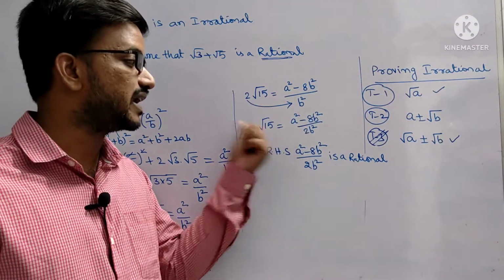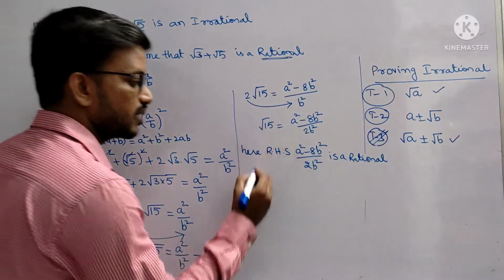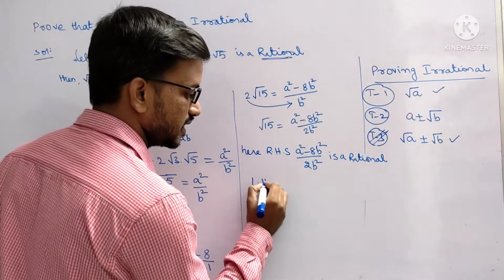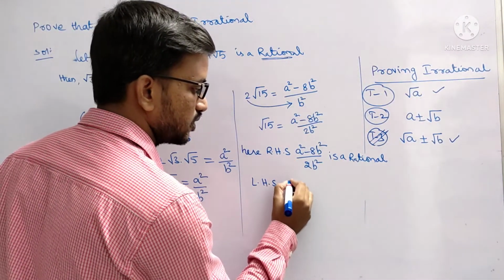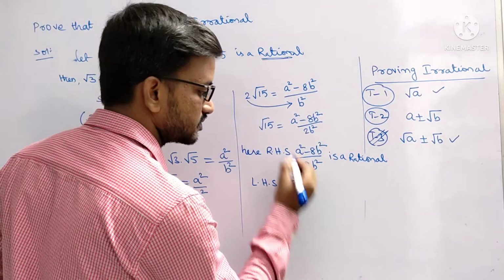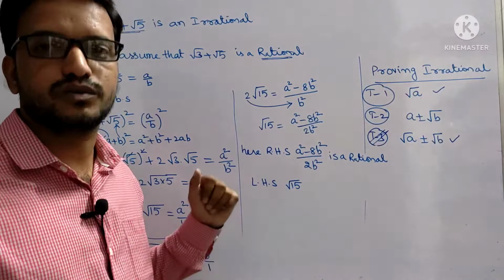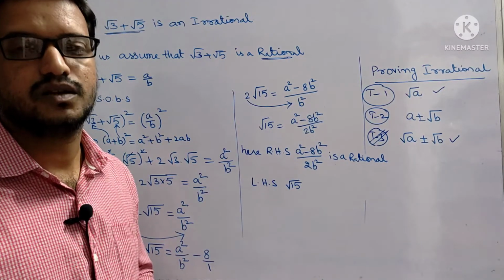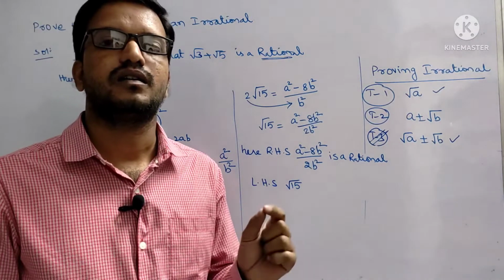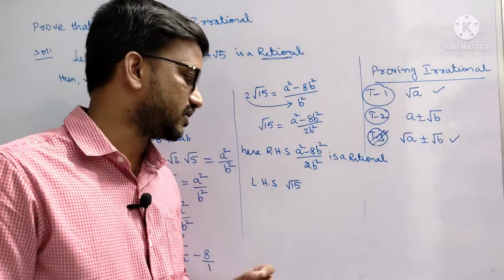And what about the LHS? So here the LHS is root 15. What can we say about this root 15? So here we have one condition. What is that?